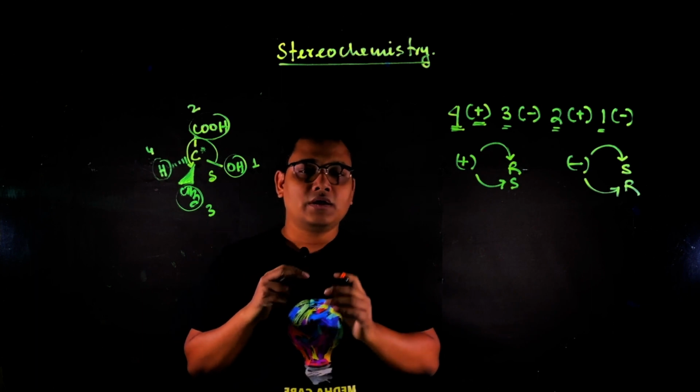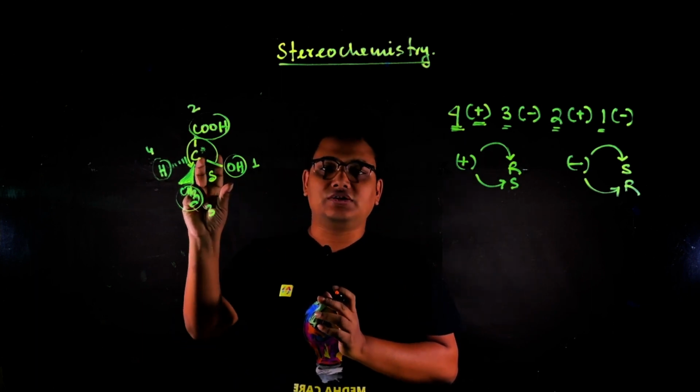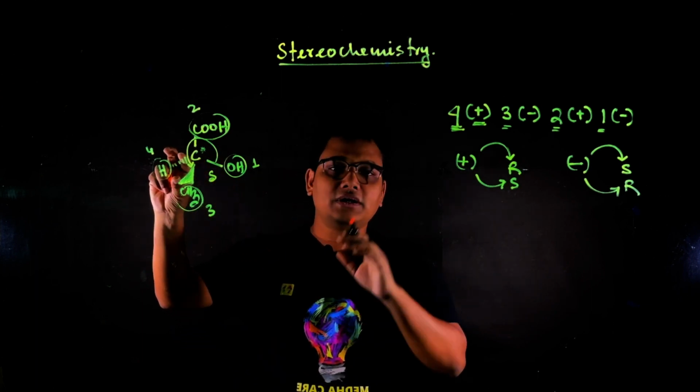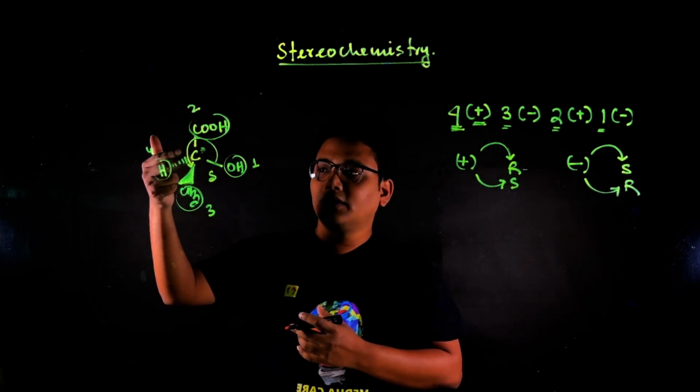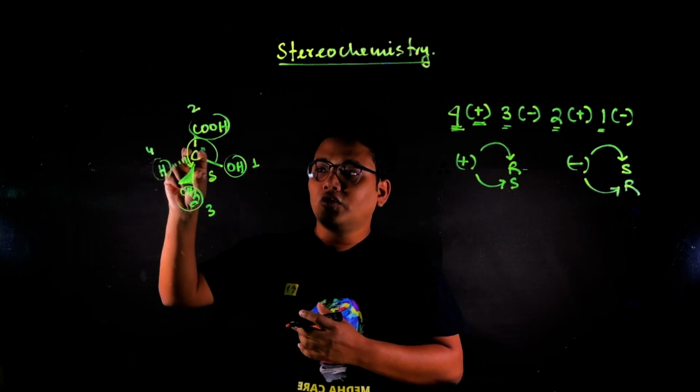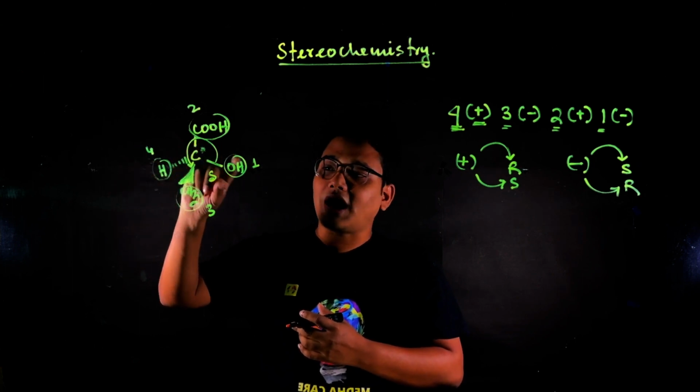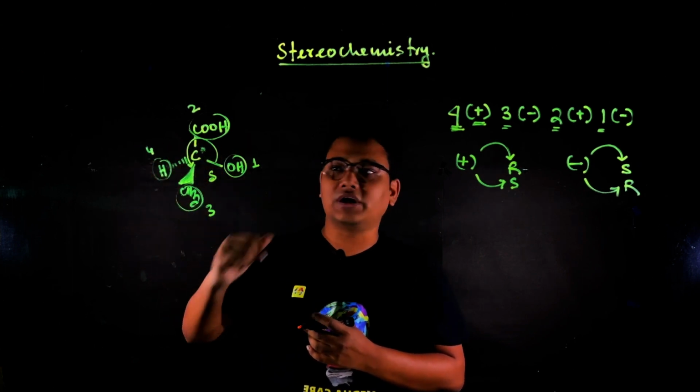Now in an actual structure, it is not necessary that the fourth group will always be represented below the plane. So if another group is present below the plane, how do we find out the configuration?